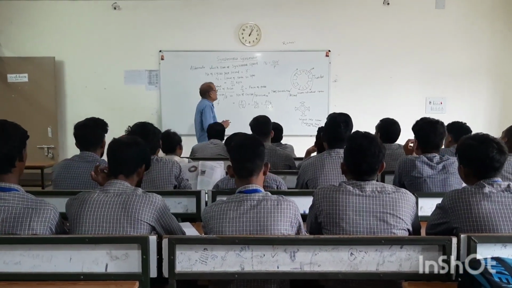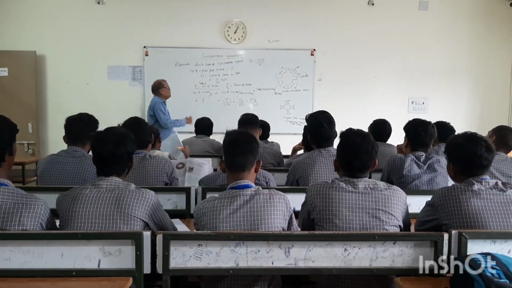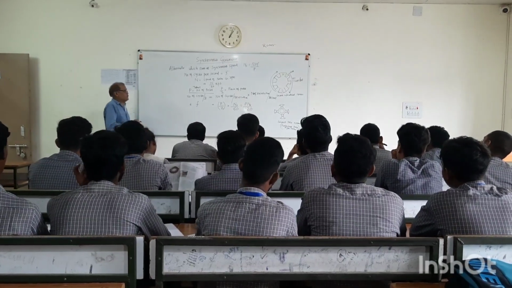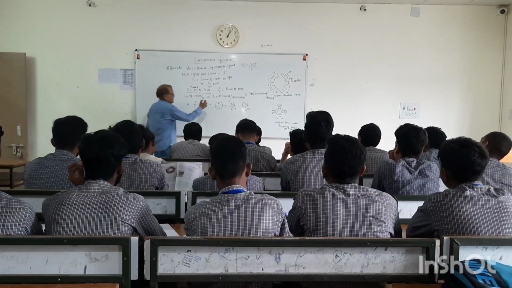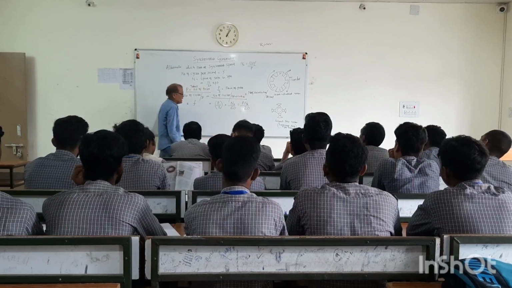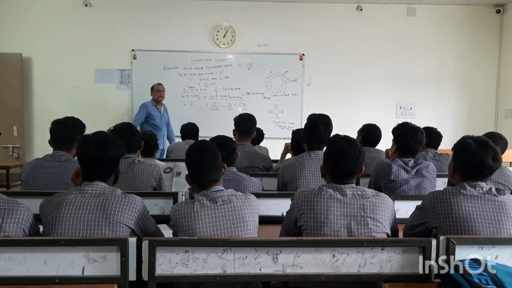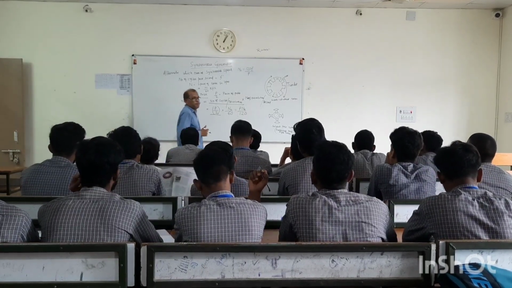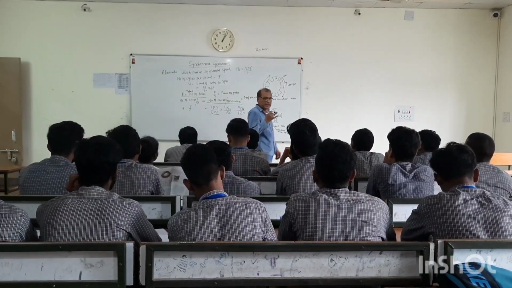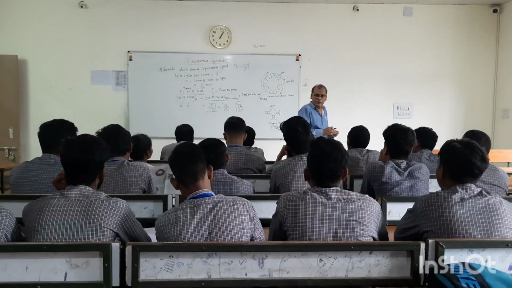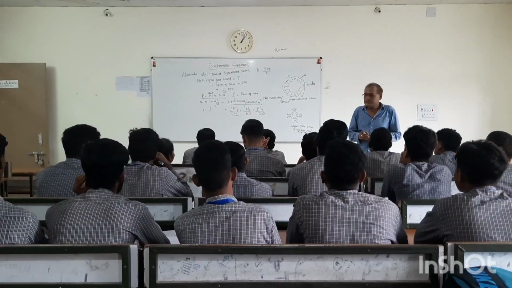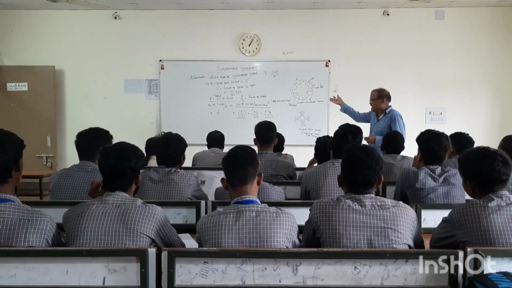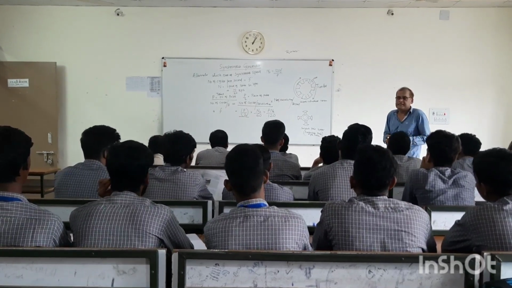If there are P by 2 pairs of poles, then the number of cycles per revolution will simply be P by 2. And we have the revolutions per second of the rotor, which is Ns by 60.